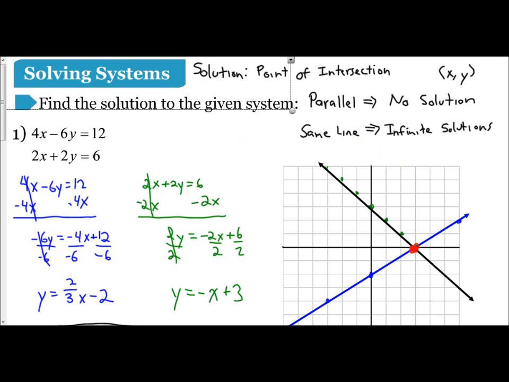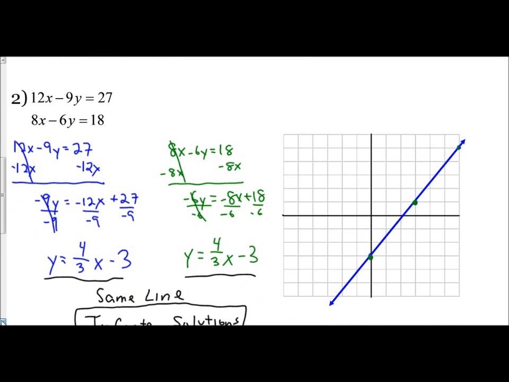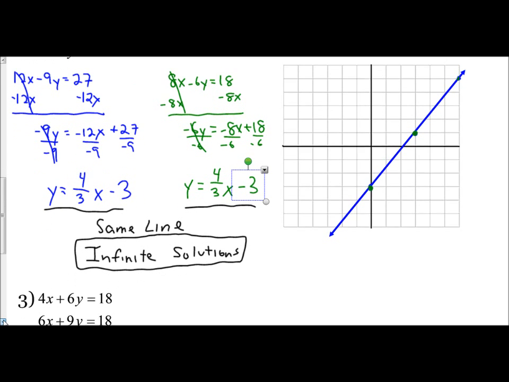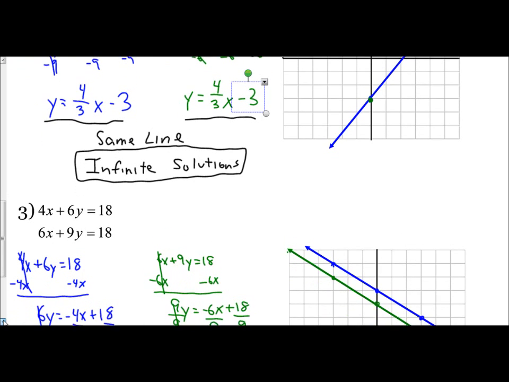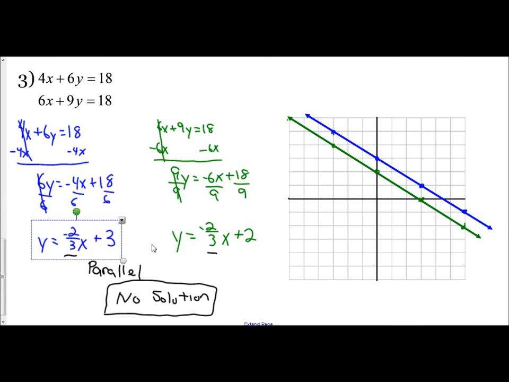So let's take a look at this. If we look at our infinite solutions, they do have the same slope. But what I see as well is the same equation. They also have the same y-intercept of -3. And so if I look at the no solution example, they do have the same slope of -2/3, but this time I have different y-intercepts.